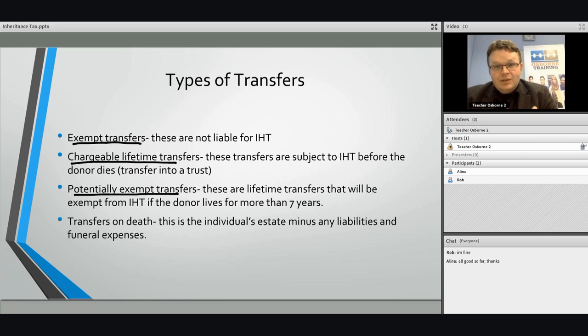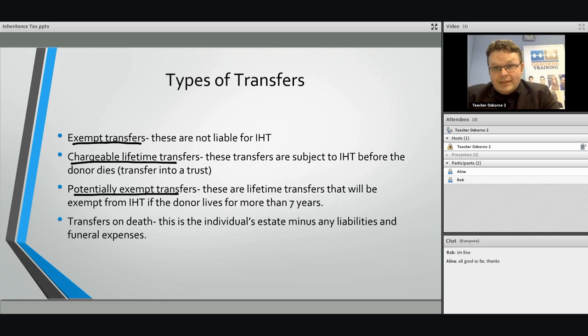So a good tax planning point is to tell people they should start giving some assets away if they think they're going to die, but you want to make sure they live for more than 7 years, because then it's completely exempt from IHT. We'll look in later sessions at what happens if they die before the 7 years, but for now know that if you have a potentially exempt transfer and the person lives for more than 7 years, it's exempt.